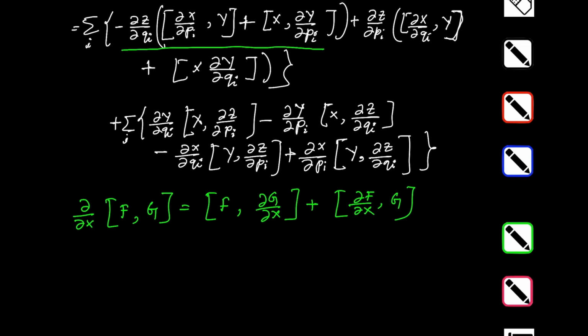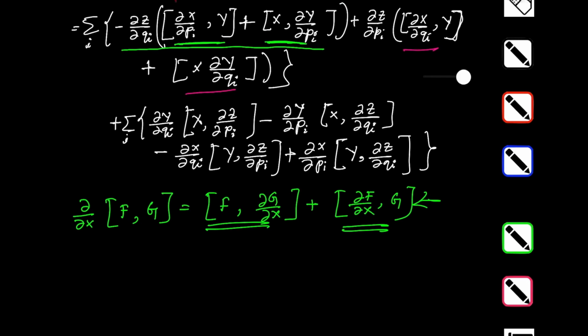We are going to apply this identity here, and also here. Now consider that this is this part and this part is this one.